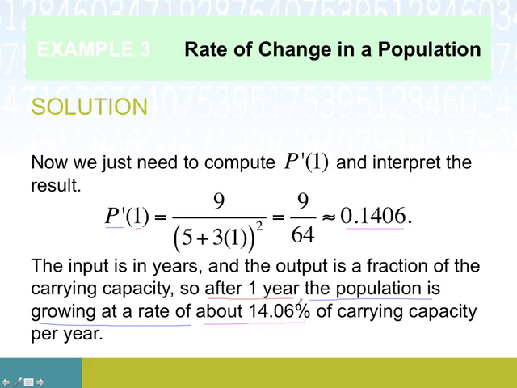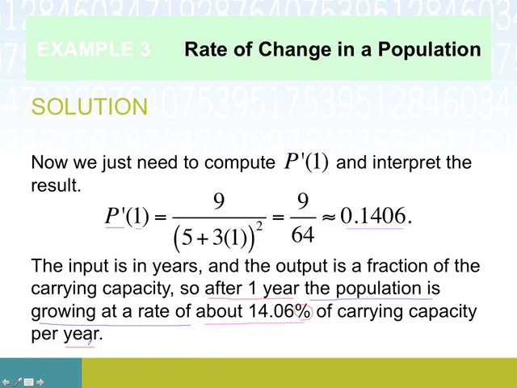And then the units on this always look like units of output divided by input. So percent is the units on output, percent of carrying capacity specifically, and then the units on input are years. So our derivative has units of output divided by input, percent of carrying capacity per year.